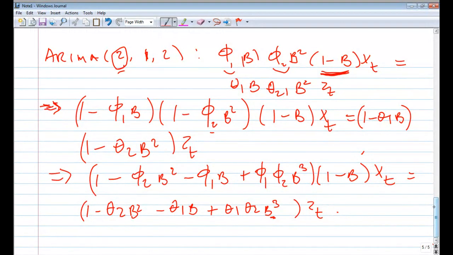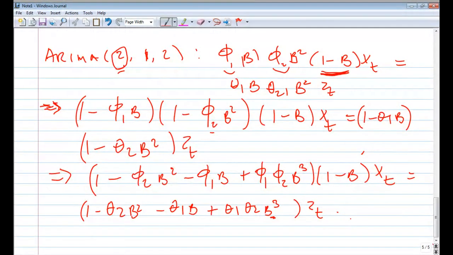So I think we can just go to the example on page 36. Yes, this is in backshift operator. All right, thank you. So now let's go to the exercise so that you can understand it better.